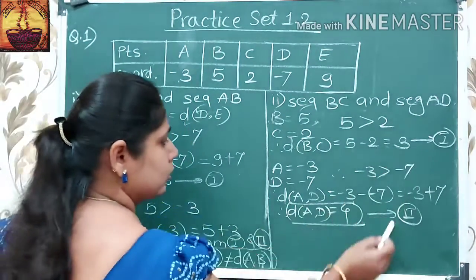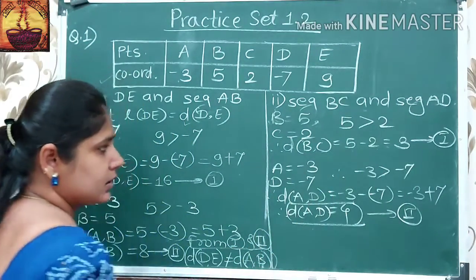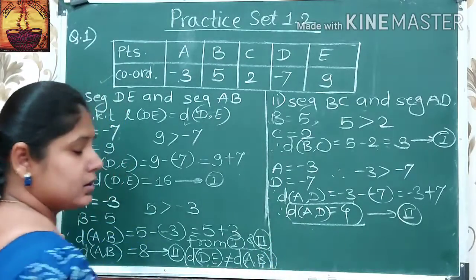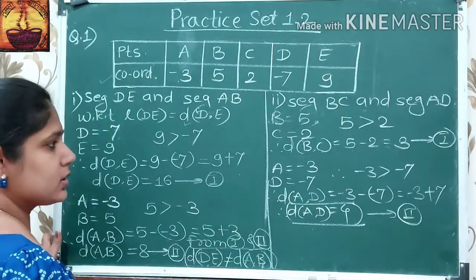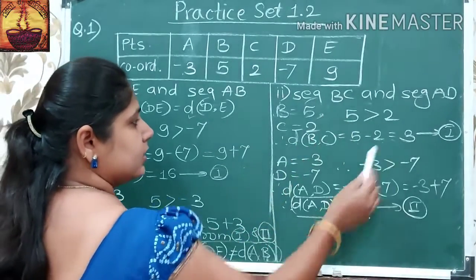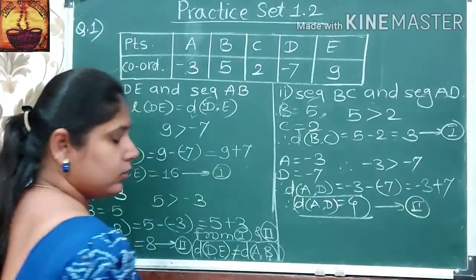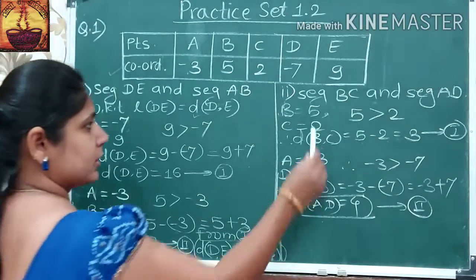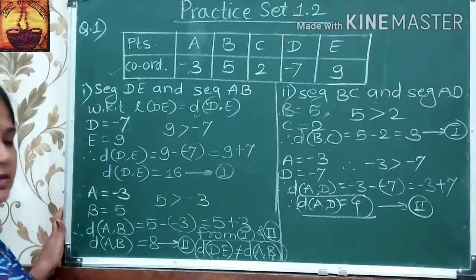From 1 and 2, here distance BC is 3 and distance AD is 4. Here also distances are different. Therefore, segment BC's length is 3 and segment AD's length is 4. Therefore, these two segments are not congruent segments.